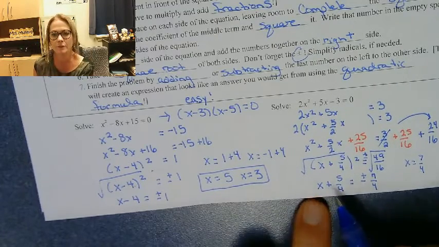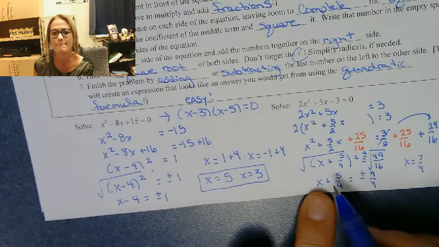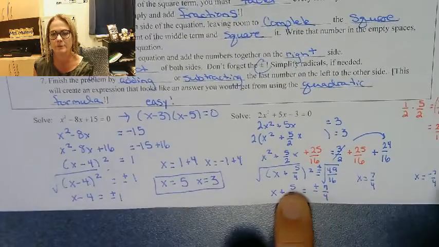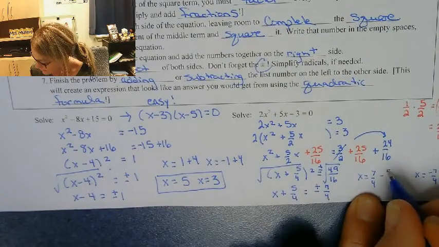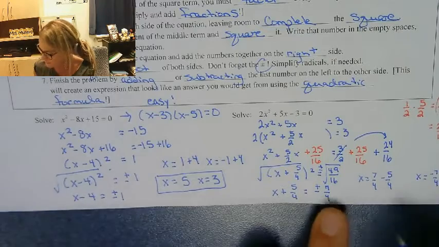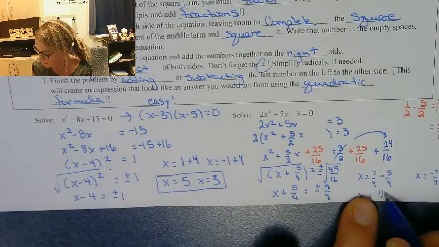And then we're just going to subtract 5/4 from that. So this is plus or minus 7/4 minus 5/4, and then we'll just put that with the split. So minus 5/4 minus 5/4, and so x here is equal to 1/2.